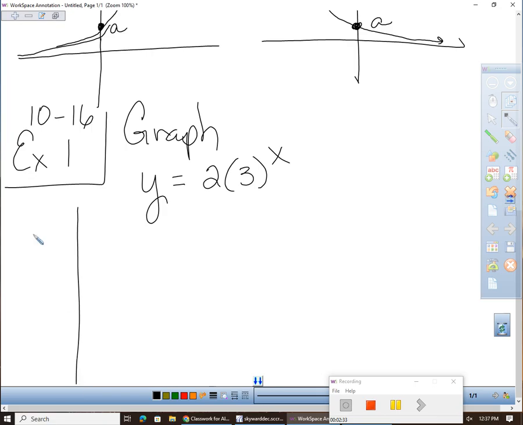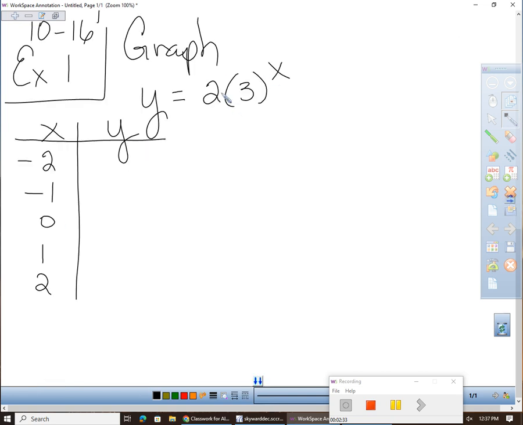I'm going to have you do a table. In our table of x and y, the 5 x values we're going to use today are -2, -1, 0, 1, and 2.